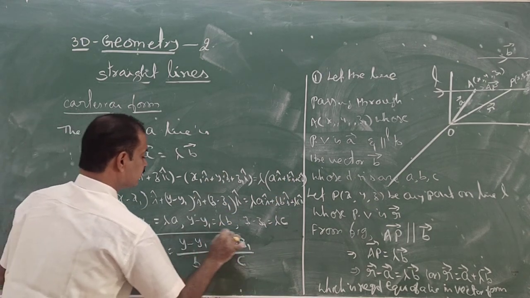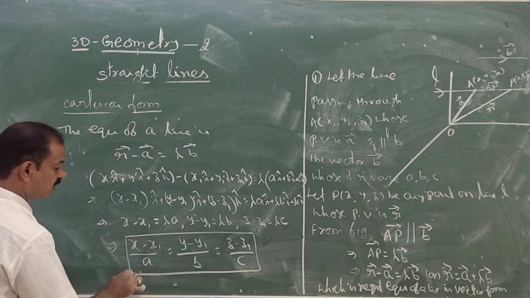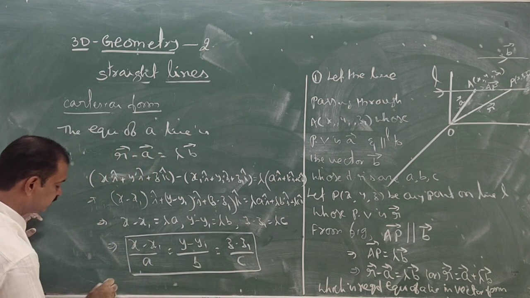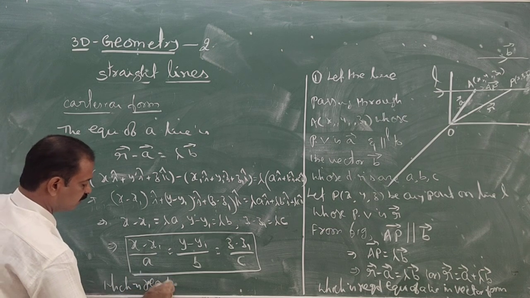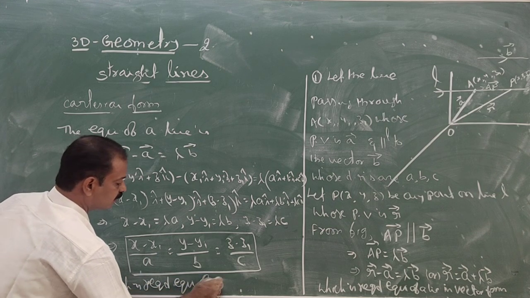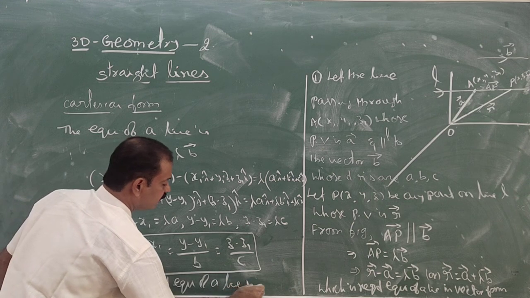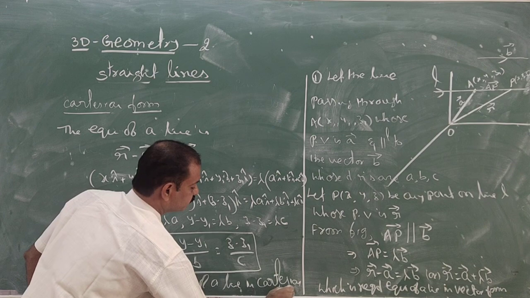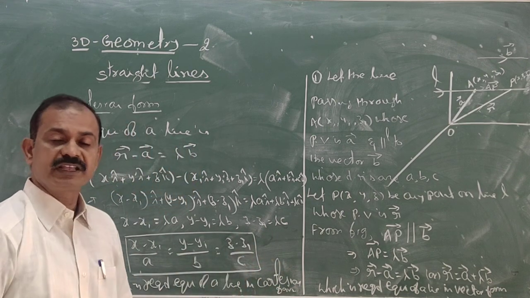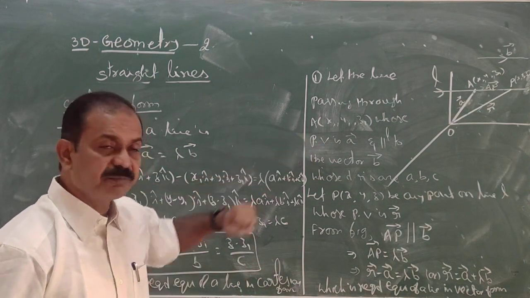So which is the required equation of a line in Cartesian form. I hope it is clear. So once again let me brief it.